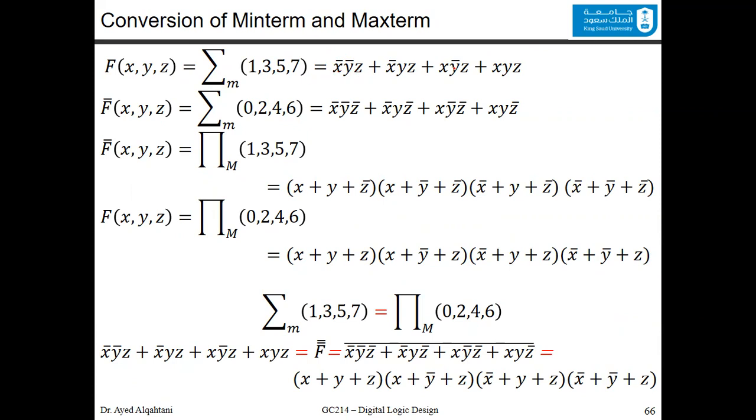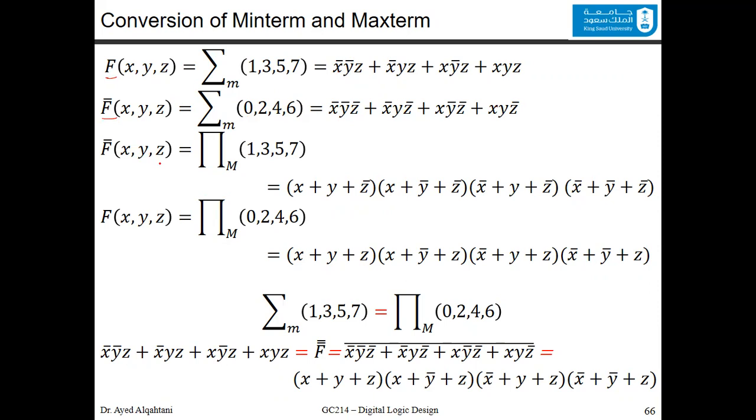This is the sum of minterms, and we get the complement by getting the sum of minterms of the indexes that are not listed, which are those minterms. Now we have the sum of minterms for the function and for its complement.